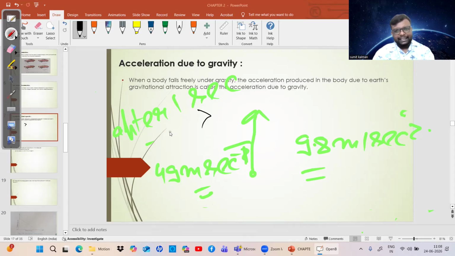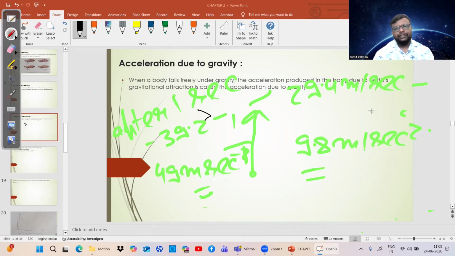Its velocity will decrease at a rate of 9.8 meter per second square. So its velocity after 1 second will be 39.2 meter per second. After 2 seconds, its velocity will be 29.4 meter per second.